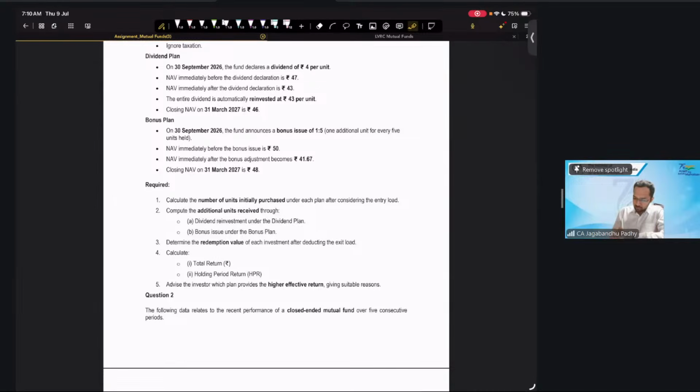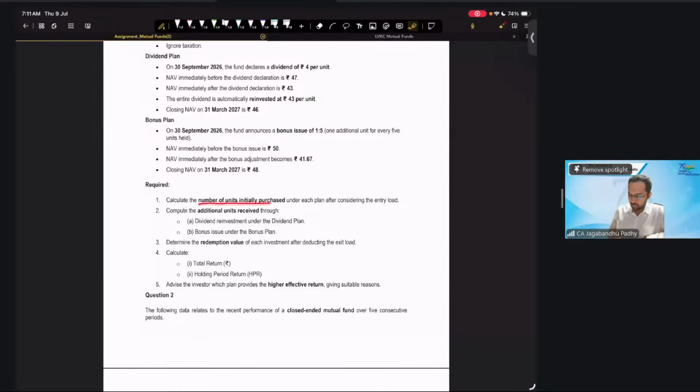And then we have to calculate the redemption value of each investment after deducting the exit load. And we have to calculate the total return and holding period return. Advise the investor which plan provides the higher effective return, giving suitable reasons. So let's get started with it one by one.